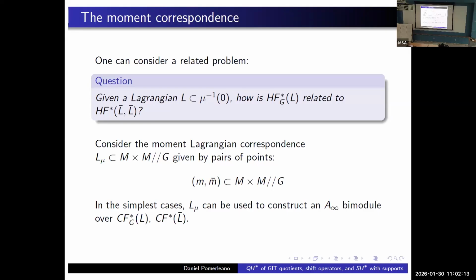The difficulty is that if these are monotone symplectic manifolds and this Lagrangian correspondence is monotone, then you really get this A infinity bimodule. But if there are disks here, then you need to do something to cancel those out.